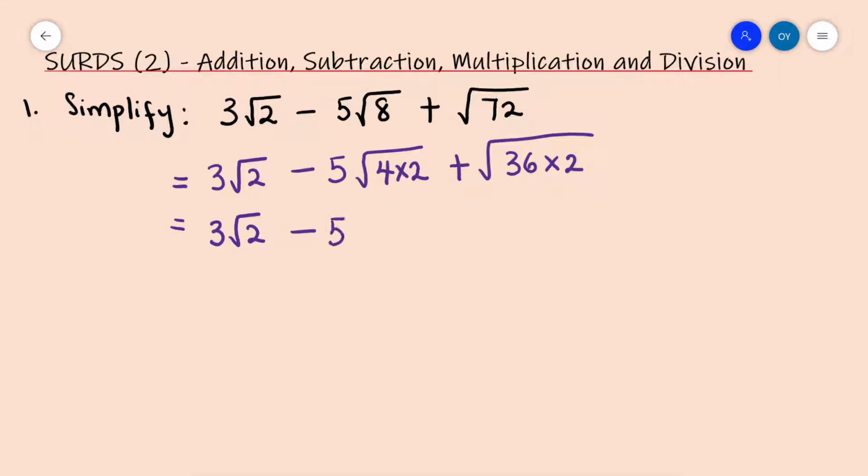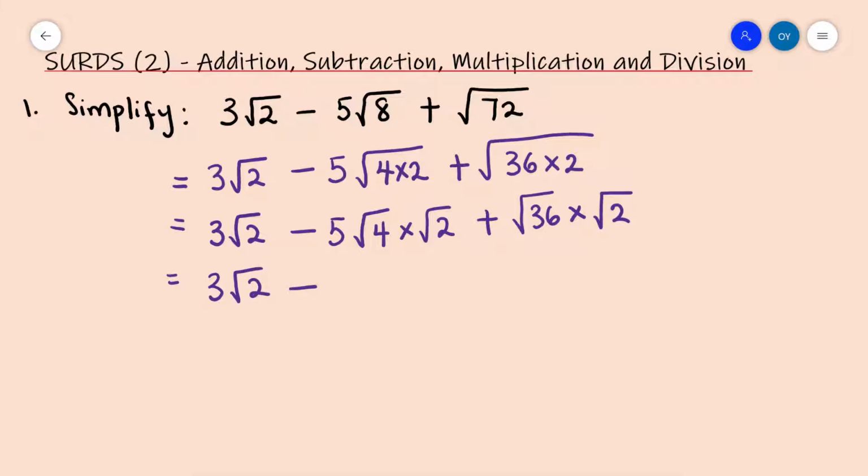I can actually write this out as the square root of 4 multiplied by the square root of 2, and also this can be written as 6 multiplied by the square root of 2, and this can be written as 3 root 2 minus 5 times the square root of 4 is 2, then times root 2, plus the square root of 36 is 6, then times root 2.